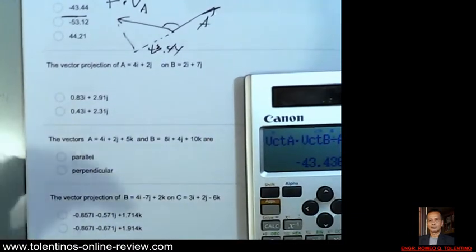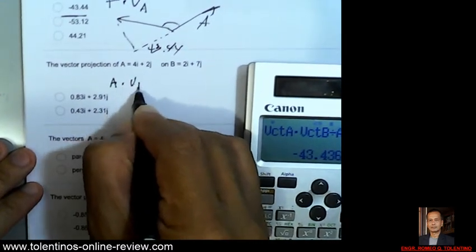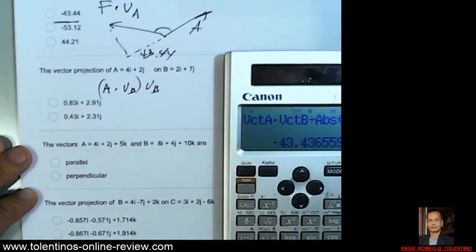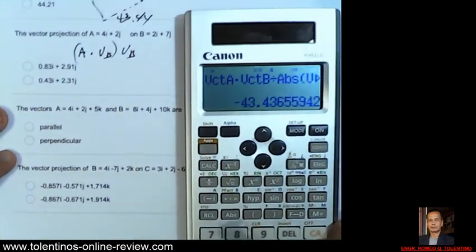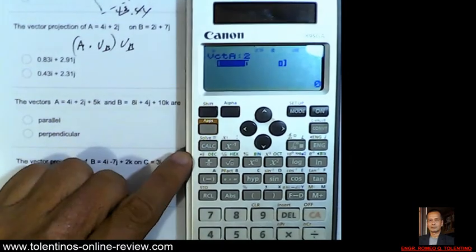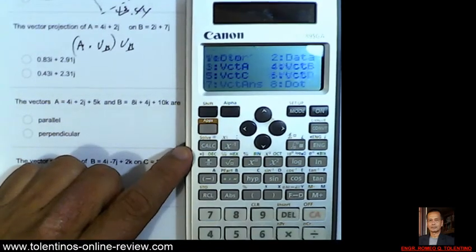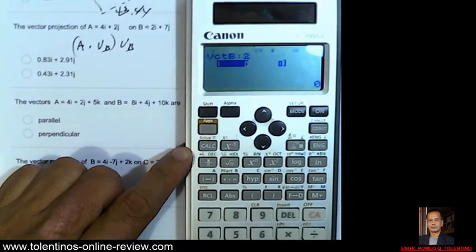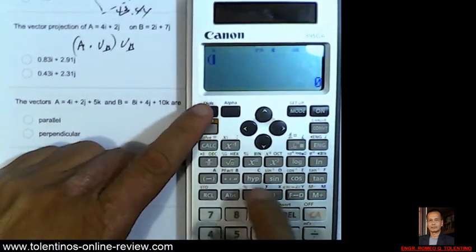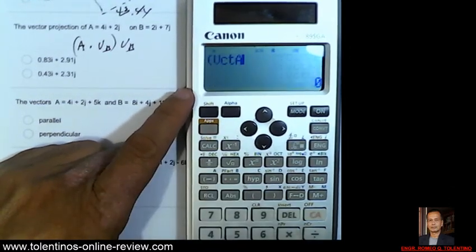Pag sinabi namang vector projection of A on B, this is A dot unit B multiplied by unit vector B. Yan yung concept, no? So, ang gawin mo lang, okay, mode 8, 1, 2-dimensional lang siya. Input mo lang yung 4 saka 2. And then, shift apps 1, 2, 2, input mo lang yung 2 saka 7. Okay, then, shift apps 3.